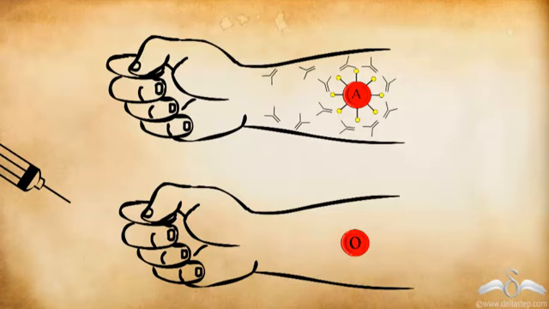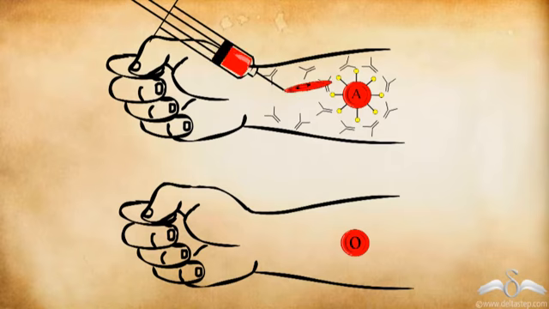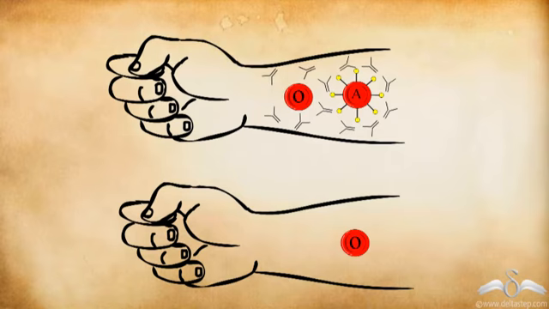This O blood type does not have any surface antigens on it. So when it is transfused into a man who is carrying the A blood group, it does not react. So agglutination does not take place, and so the person survives.